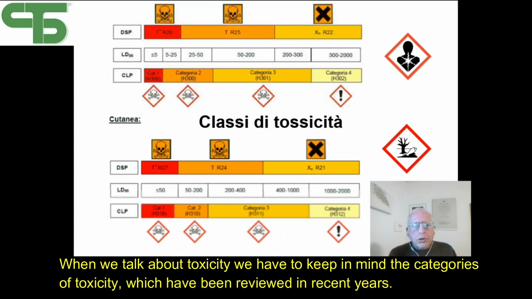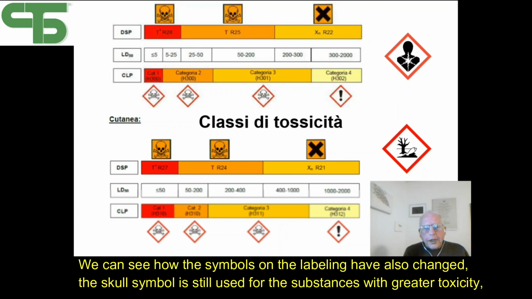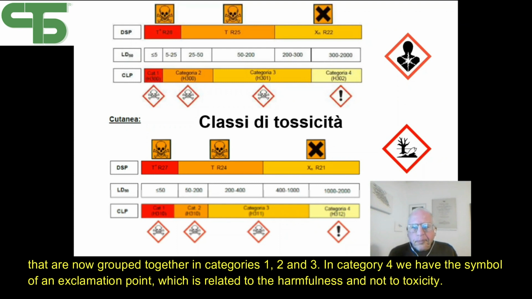When we talk about toxicity, we have to keep in mind the categories of toxicity which have been reviewed in recent years. We can see how the symbols of the labeling have also changed. This skull symbol is still used for substances with greater toxicity that are now grouped together in categories 1, 2 and 3. In category 4, we have the symbol of an exclamation point, which is related to the harmfulness and not to the toxicity.